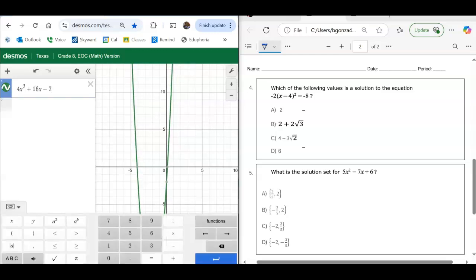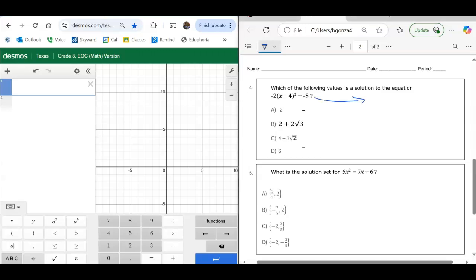So let's go ahead and go through this. We're going to graph this, but does it equal 0? It does not. So negative 2 times (x minus 4) squared equals negative 8. To get rid of negative 8, we have to add 8 to both sides. And now it equals 0. So negative 2(x minus 4) squared plus 8.